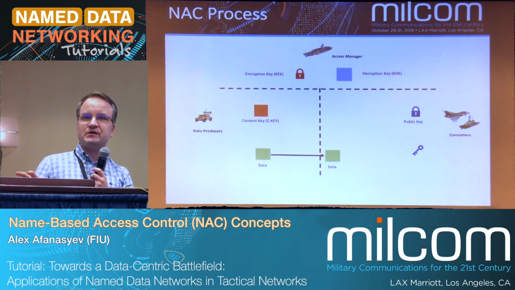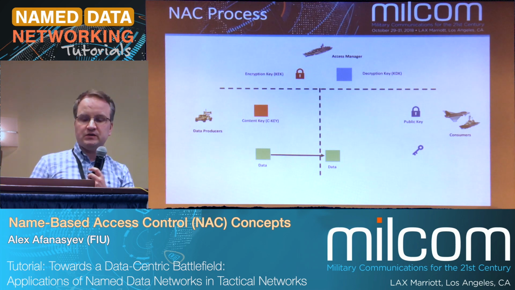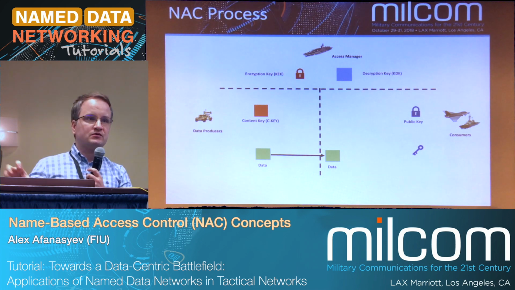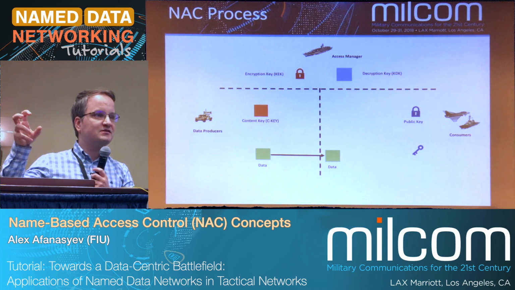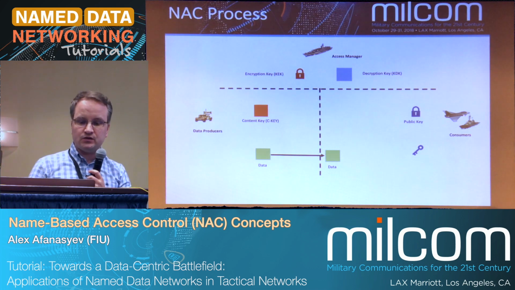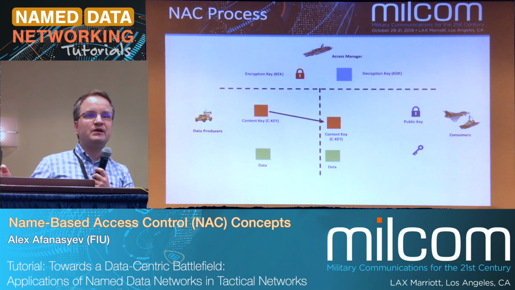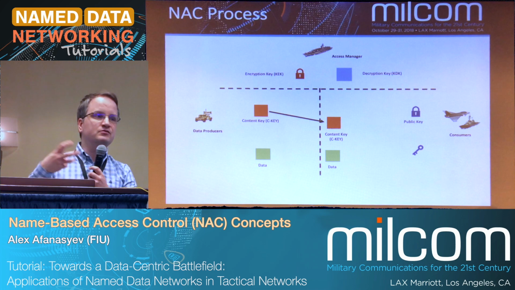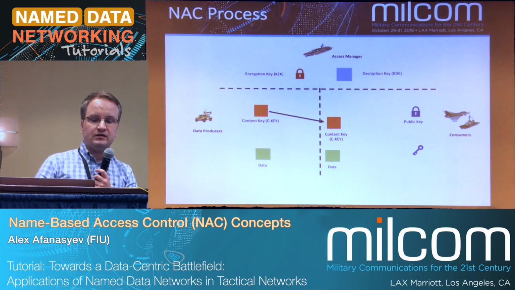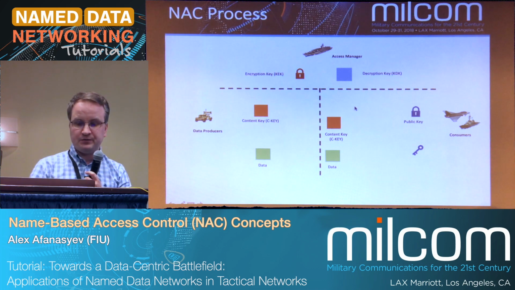So data is always protected, no matter where it's cached, stored, or what path is taken. It's secure. You just need to get the proper keys in order to get access to it. And what's going to happen? You can also retrieve the symmetric key because it's also a data packet, and the actual data identifies the symmetric key by name, so you can fetch it.